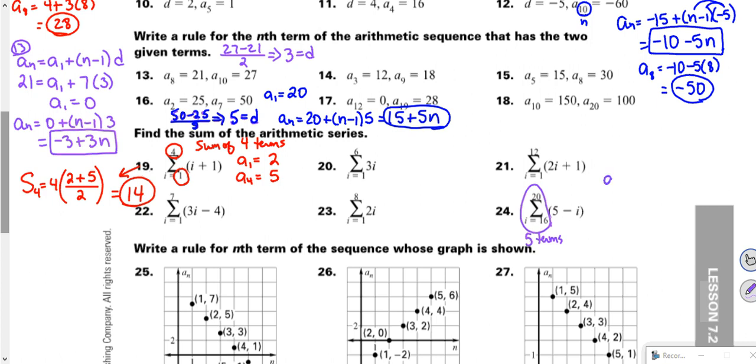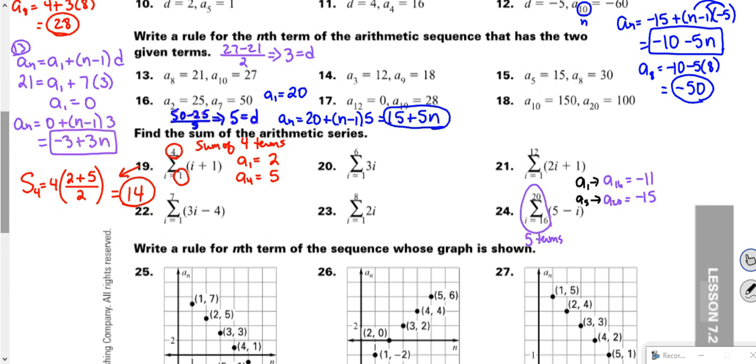Okay, so a sub 16 is going to be 5 minus 16, which is negative 11. A sub 20 is going to be 5 minus 20, right, which is negative 15. So we're going to kind of pretend that this is like our a sub 1 and this is like our a sub 5.